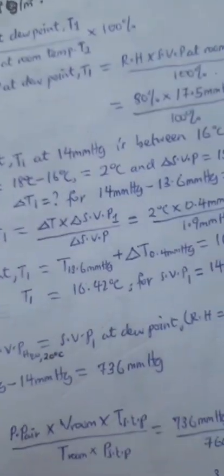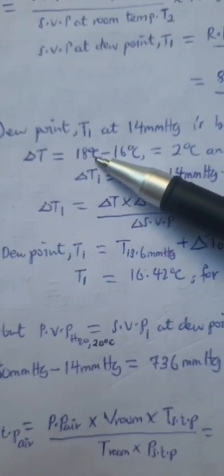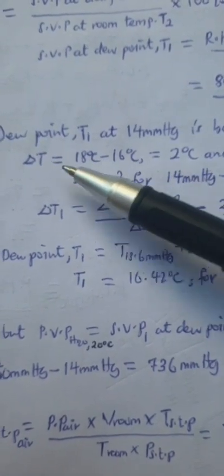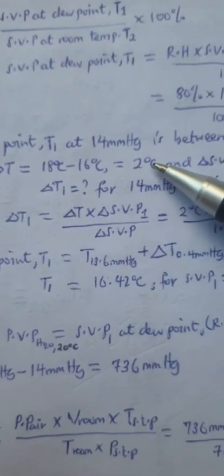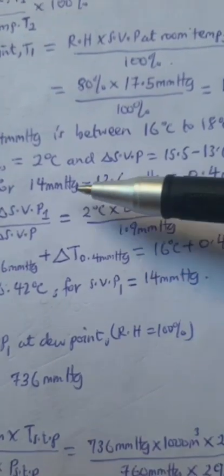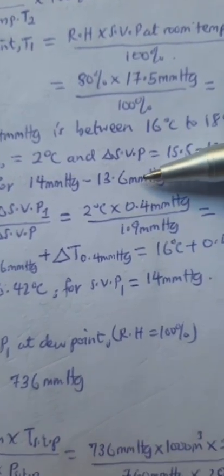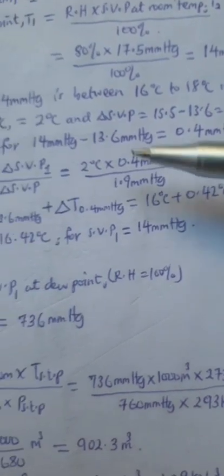Let us take a look now at the simple mathematics below. From 18 degrees centigrade to 16 degrees centigrade, we have a change in temperature of 2 degrees centigrade, and the respective change in saturation vapor pressure is equal to 1.9 millimeter height of mercury.